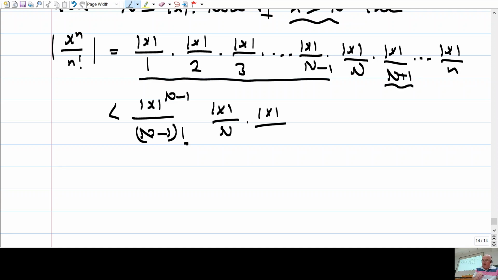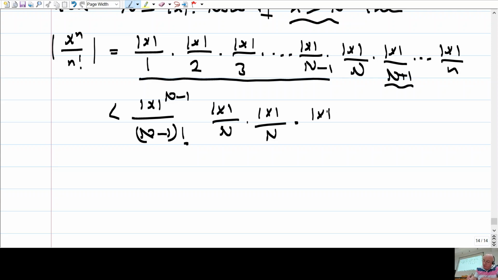If I replace n plus 1 by n, I will get something larger, right? Because I write something smaller in the denominator, so I get something larger. That's why I have the inequality here.